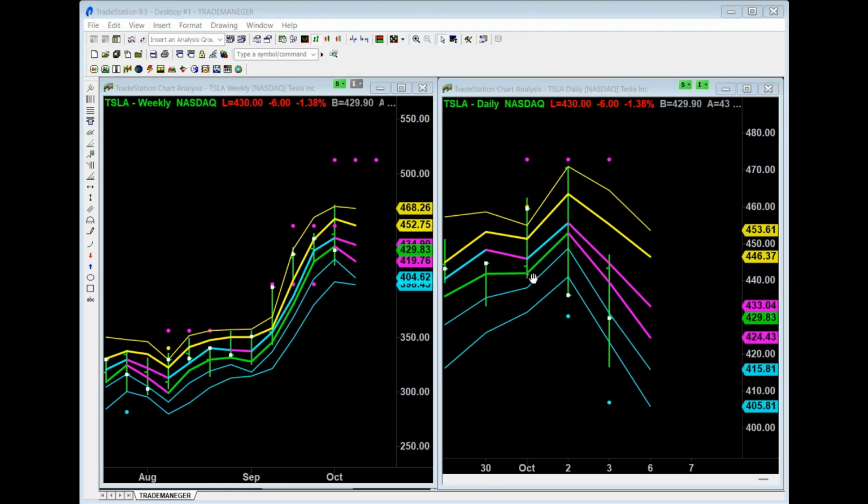Then it just started to have an uptrend and increased all the way up to this resistance dot around $459. And the next day it opened high, exactly around this $470, which is exactly at the top yellow resistance trend line on the daily chart.